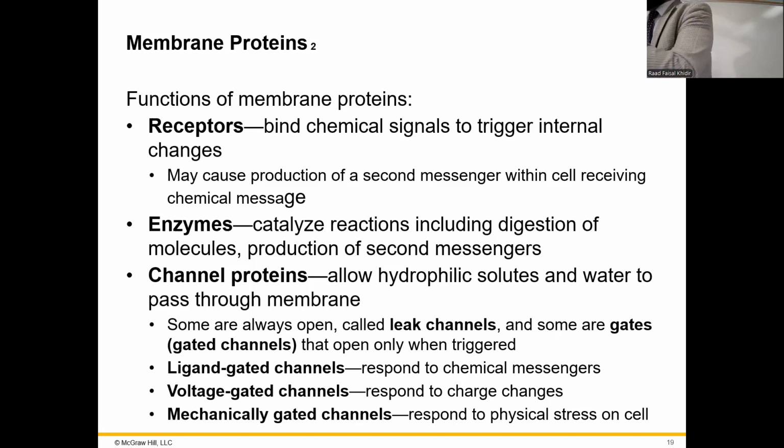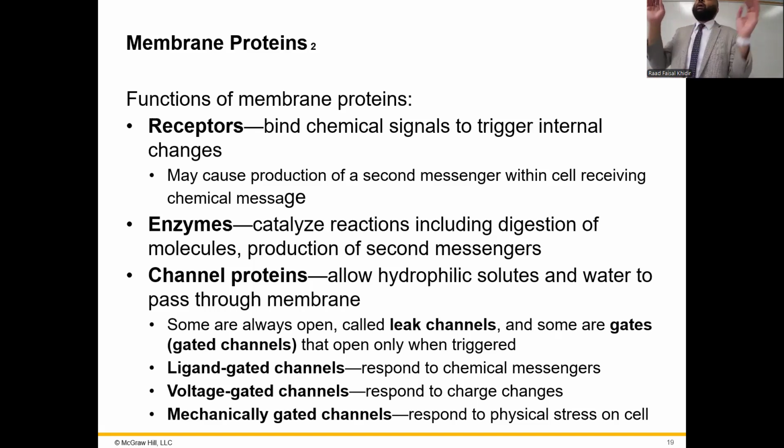Another reason why the channel would open, besides the right ligand binding? What's the other reason? Yes, voltage. If the membrane potential of the cell membrane changes, then the gate is going to open.